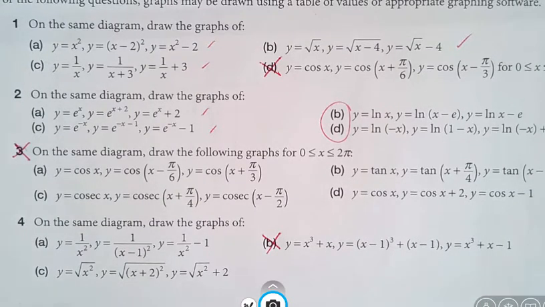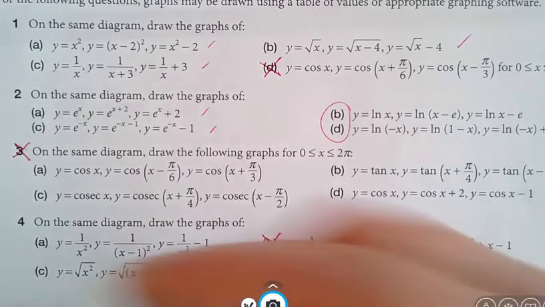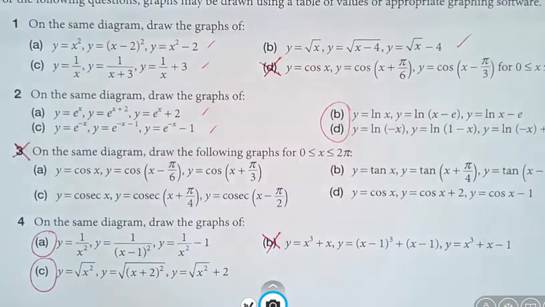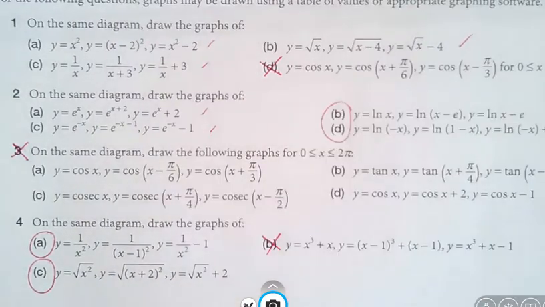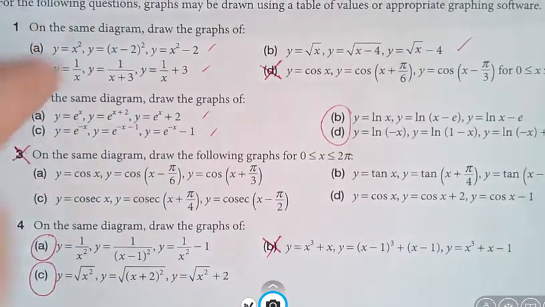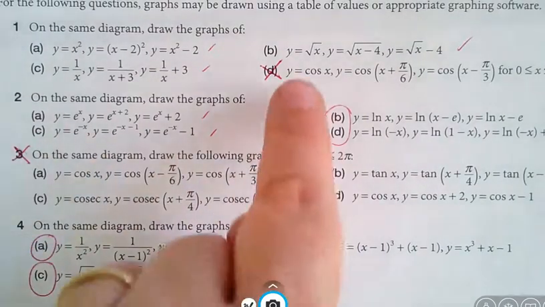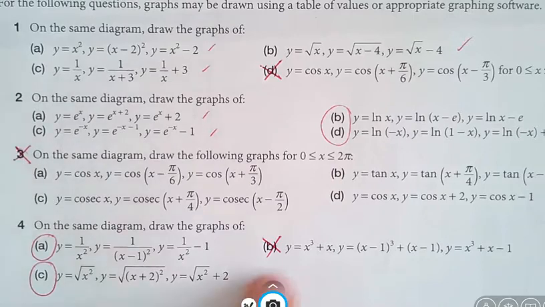So I want to do 4A and C now. I want to do questions 4A and C, and I want to do questions 2B and D with you. You are doing the others for homework, okay? And we're not doing 1D, we're not doing 3, and we're not doing 4B.